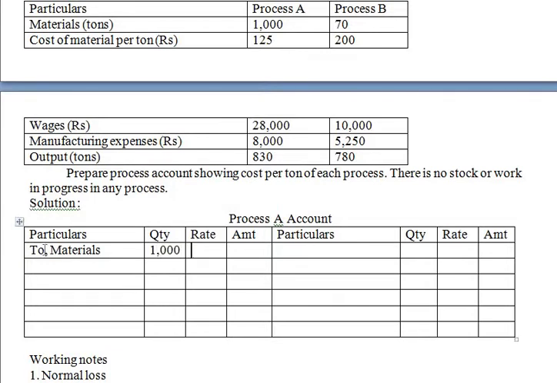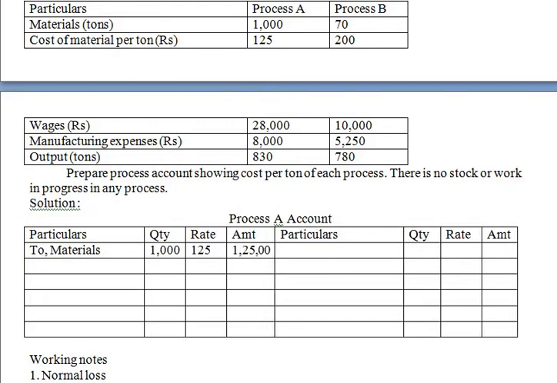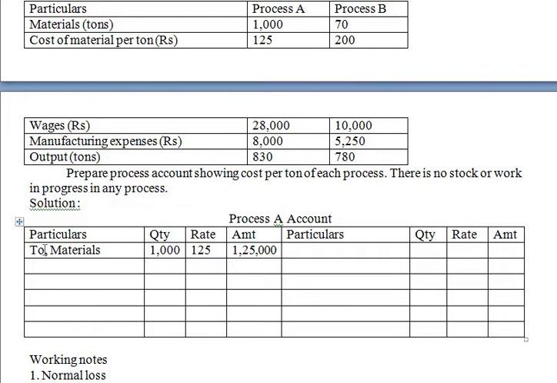Rate is given in the next line, that is 125 rupees, which will be equal to 1,25,000. Now next, to wages, amount is 28,000.